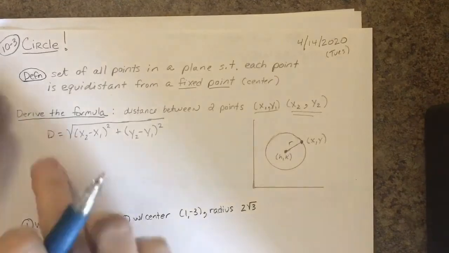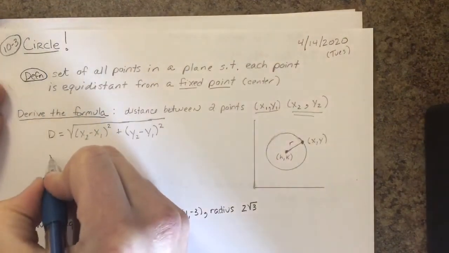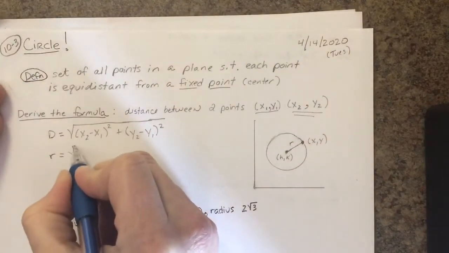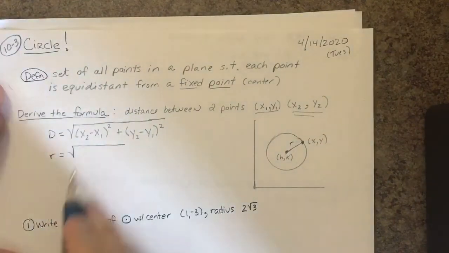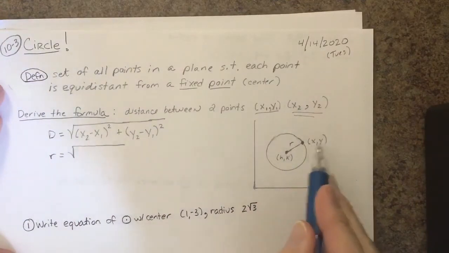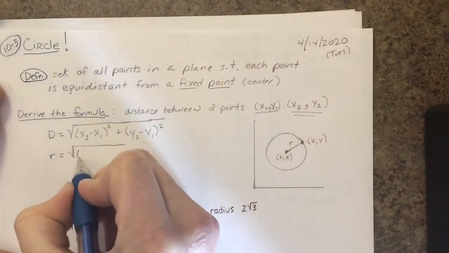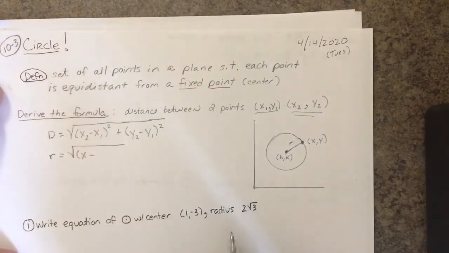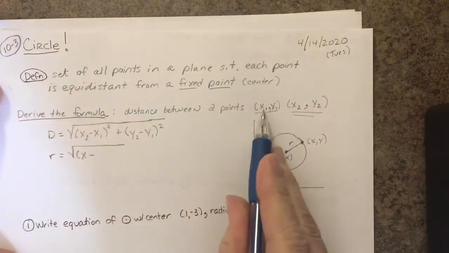So now we're going to do some substitutions. For the distance, I'm going to put r. In for my second point, x2, y2, I'm going to put x, y. So instead of x2, I'm going to go x minus, now what's going to go in for the first point?